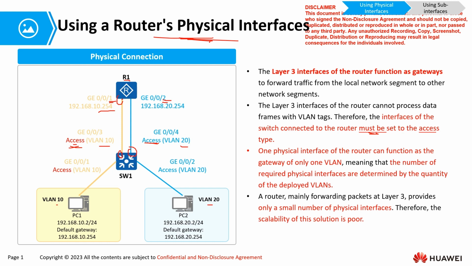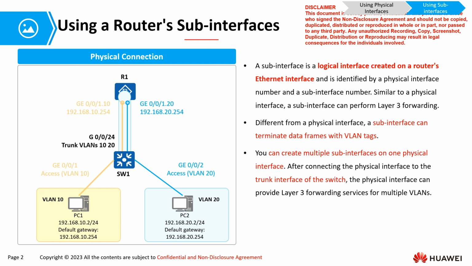So what happens with a virtualized sub-interface? We assign .10 to talk with VLAN 10, again on here, using a trunk port, and .20 to talk with VLAN 20. So remember, it will be a trunk interface.